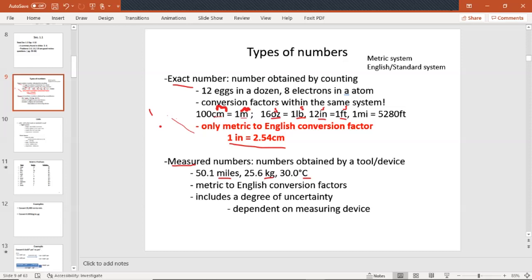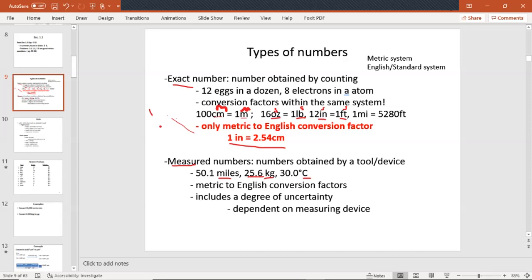So there's some degree of uncertainty with the measurement. So for example, this 50.1 miles, we don't know what comes after the 1 because it's uncertain. So all we know is it's 50.1. It could be 50.12, 50.13, etc. Same thing with 25.6. We only know this mass to the 10th place. After the 10th place, it's uncertain what it could be.